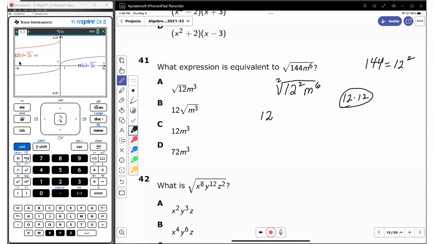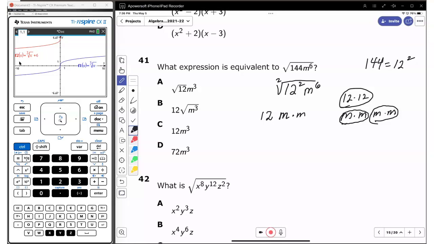M to the 6 is m times m times m times m. Now you notice this right here, that's one group of m. So the square root of m squared is just m. M times m is m squared. This is another set, and the square root of m squared is m.